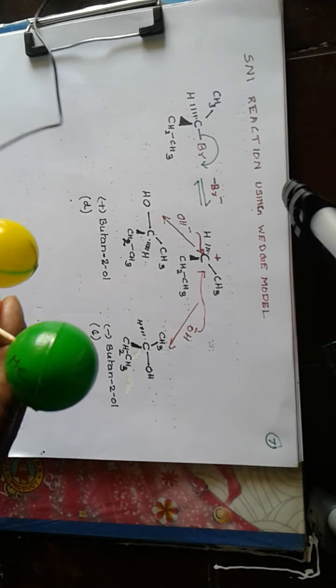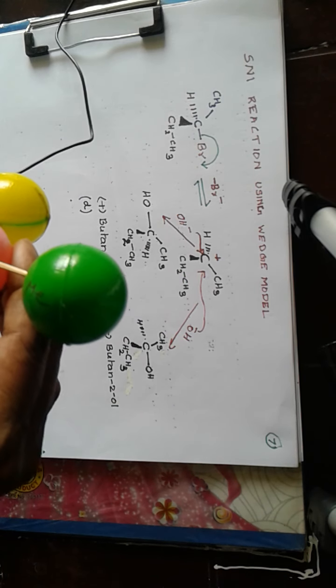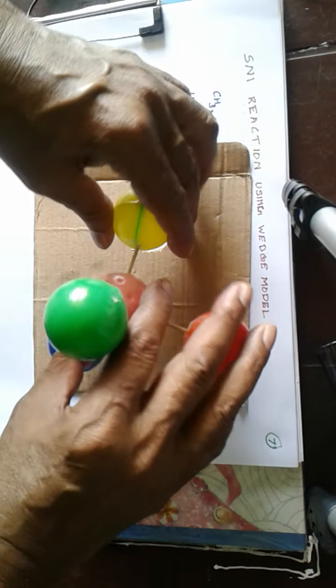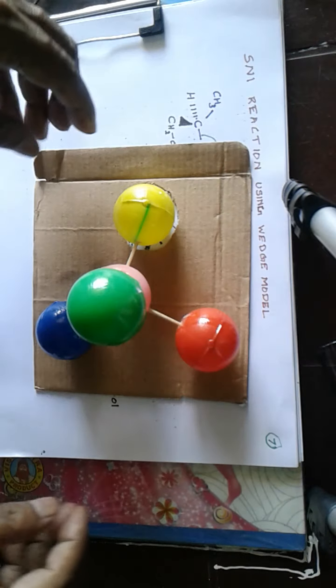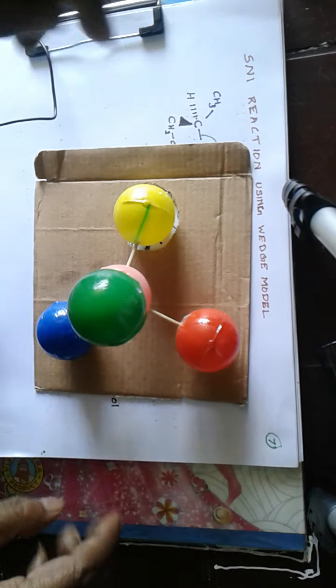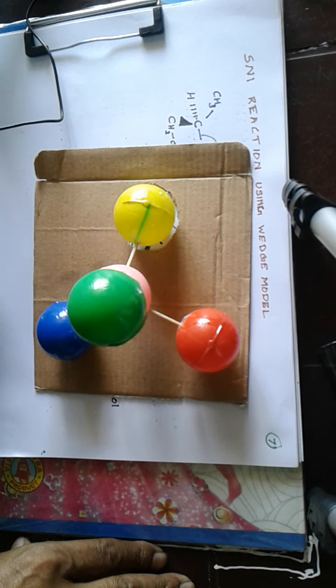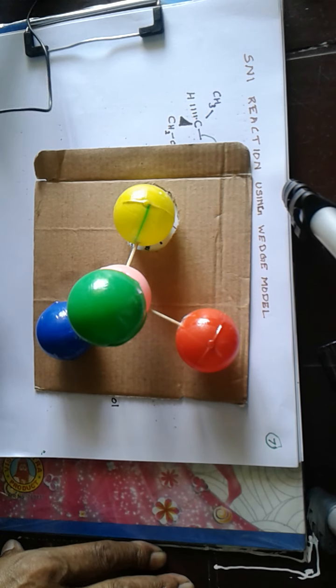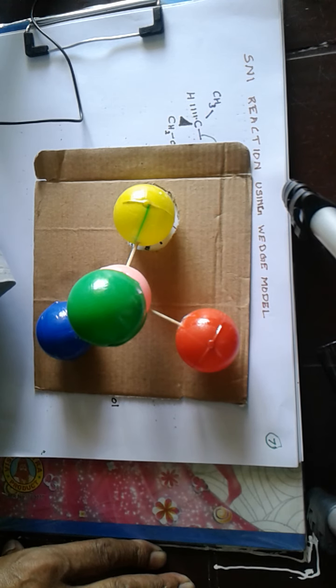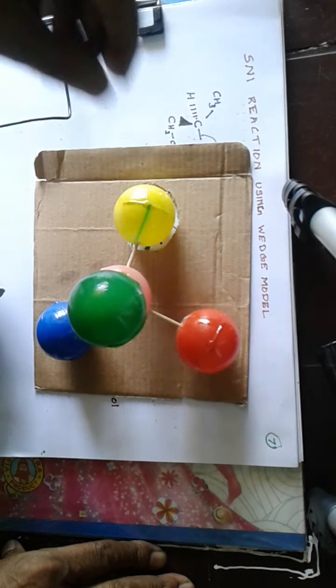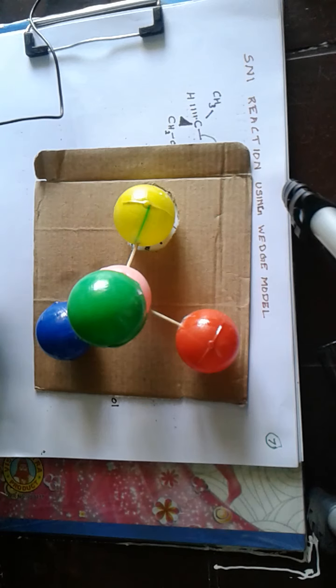Then you take a plane, place the model on the plane, then draw a circle, and cut a circle below the group of least preference, and the yellow ball represents hydrogen.